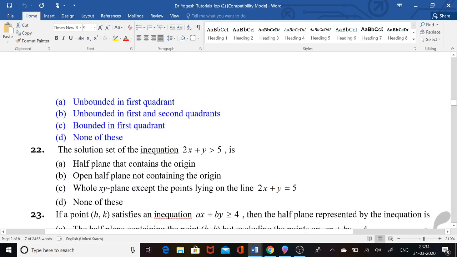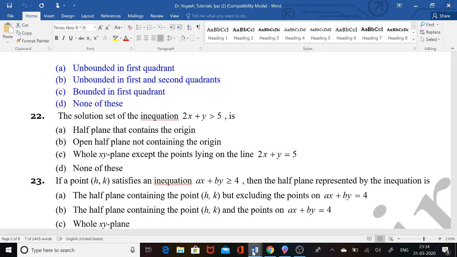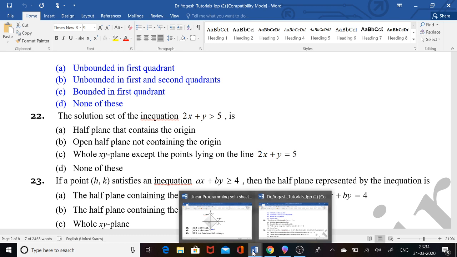Okay, 21st is over. Come to the 22nd one.